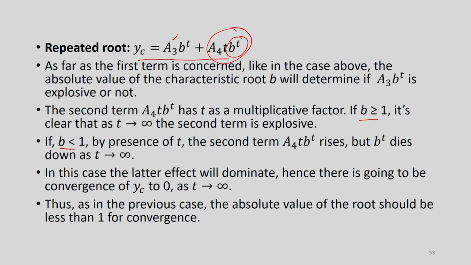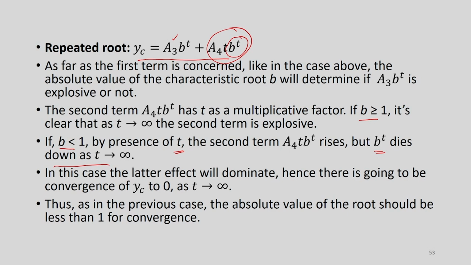What happens if b is less than 1? If b is less than 1, by the presence of t, the second term A4 t b to the power t rises, but b to the power t dies down as t goes to infinity. It should have been written as absolute value of b less than 1.